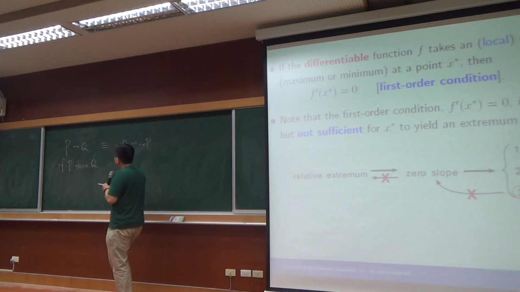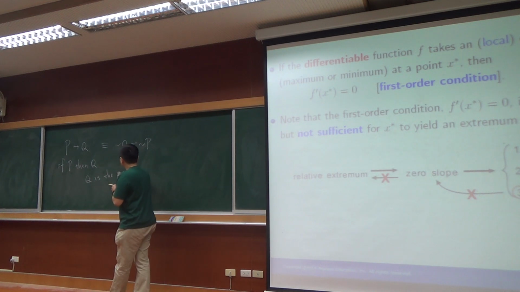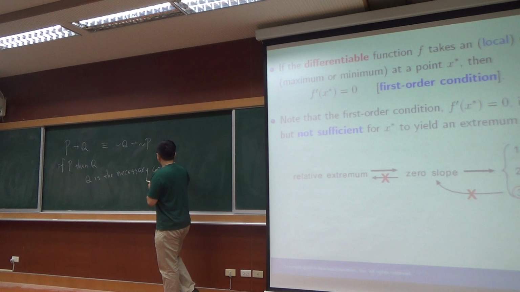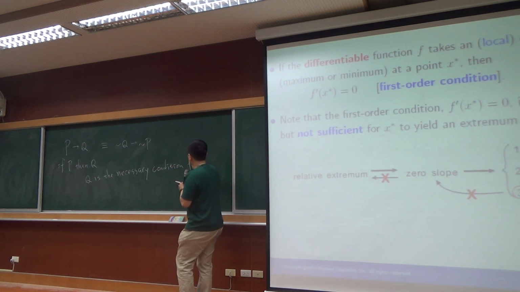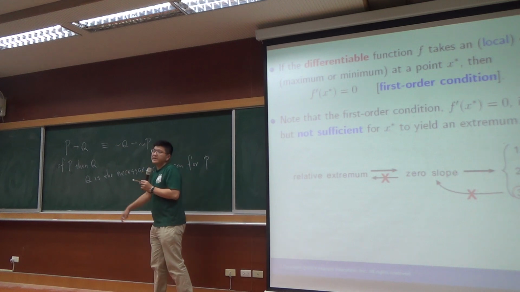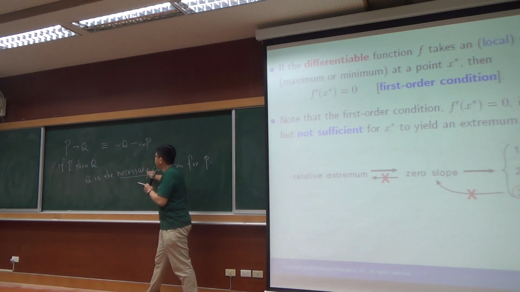So Q, we say Q is the necessary condition for P, which means without Q, we cannot have P, okay? So it is necessary.